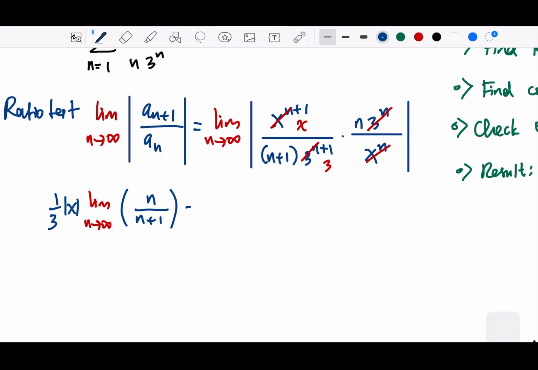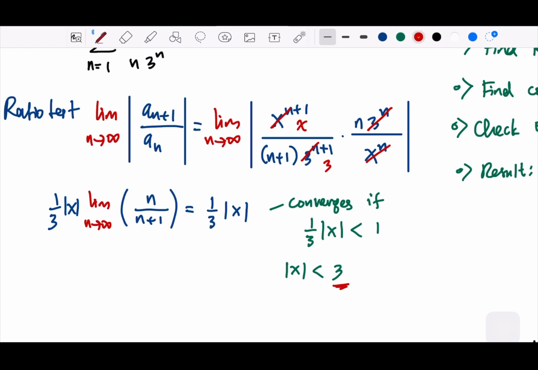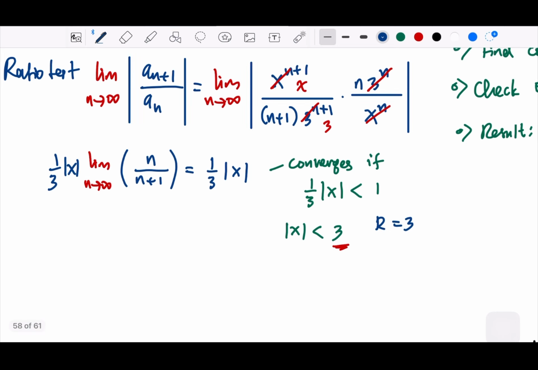So this will be equal to |x|/3. So by the ratio test, remember, this will converge if |x|/3 < 1. So we find out that 3 is the radius. So the radius is 3. Okay.